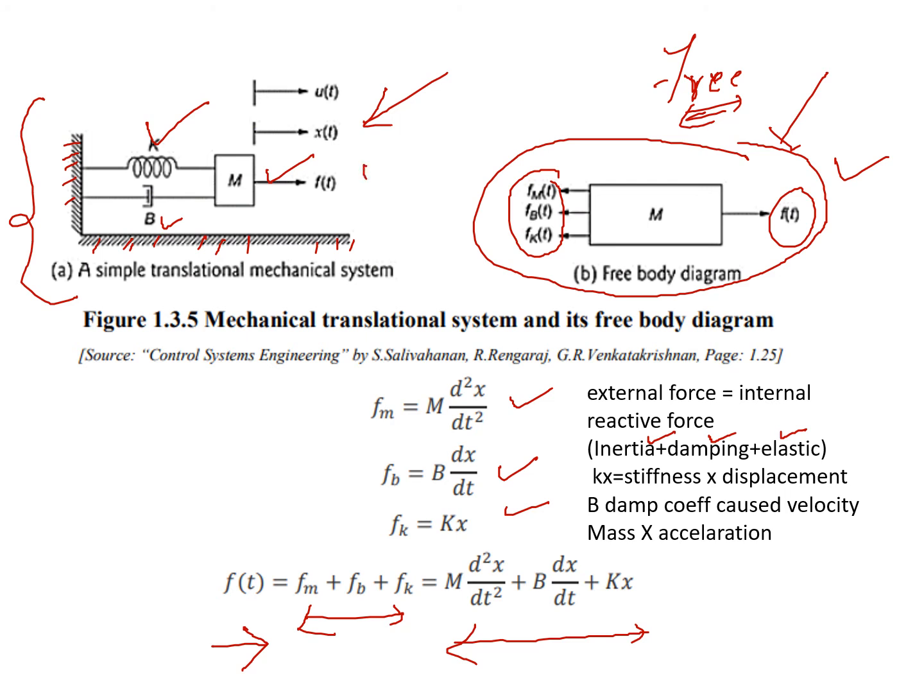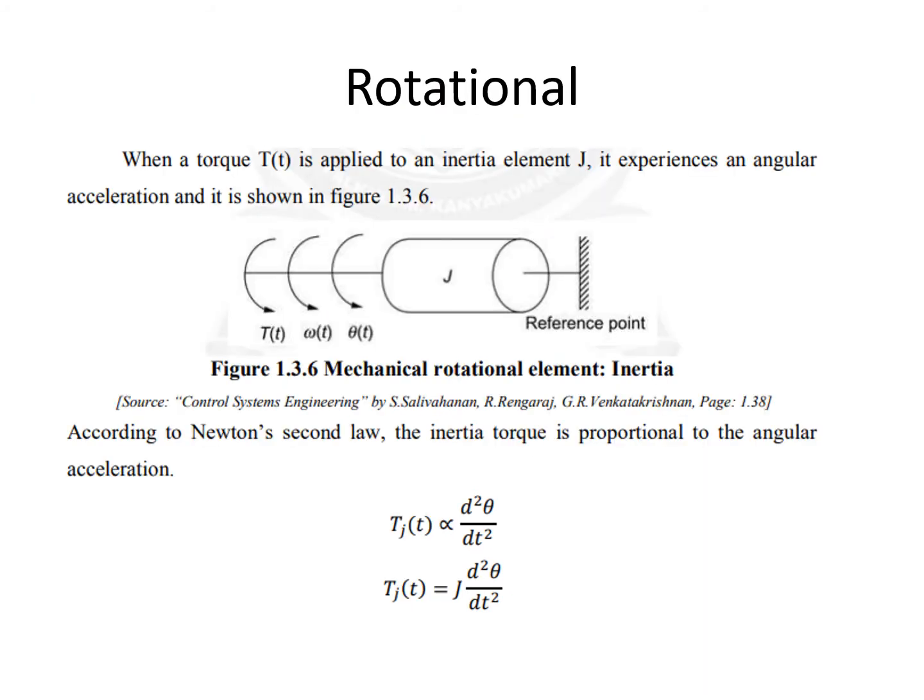If we compare this diagram, you will understand what I am saying. Previously we were discussing the impact of the translation force. Here we are talking about the rotational force. What happens when we apply an external rotational force to an element that is capable of rotating on an axis?